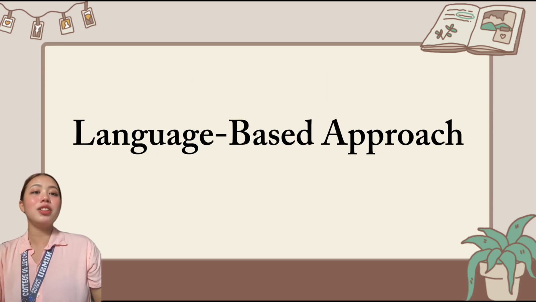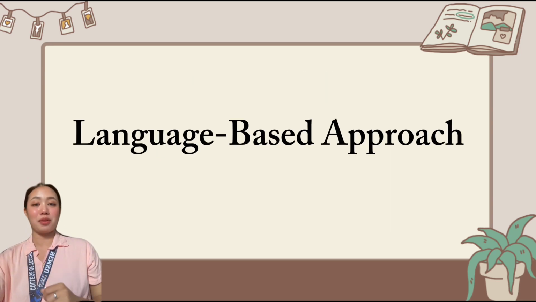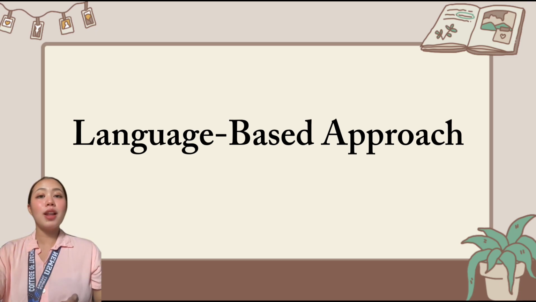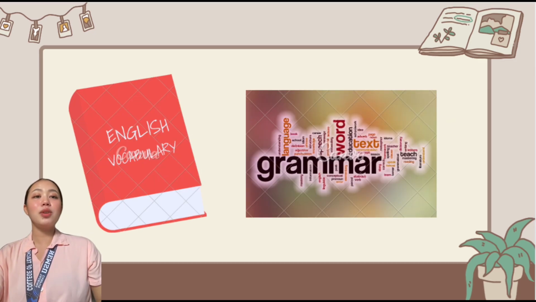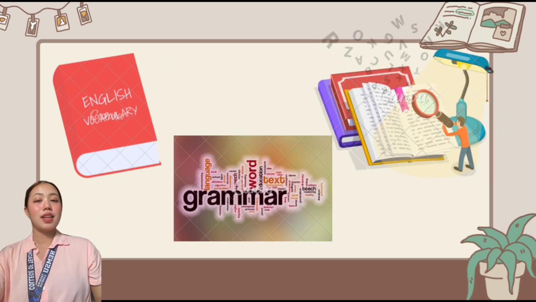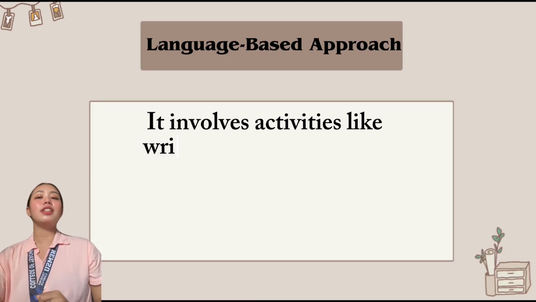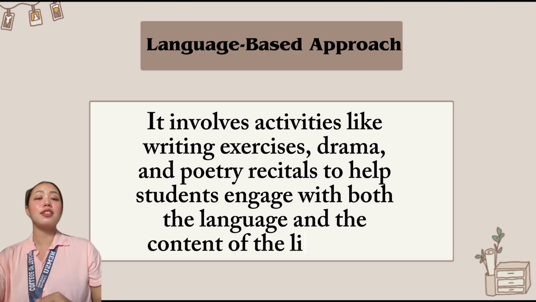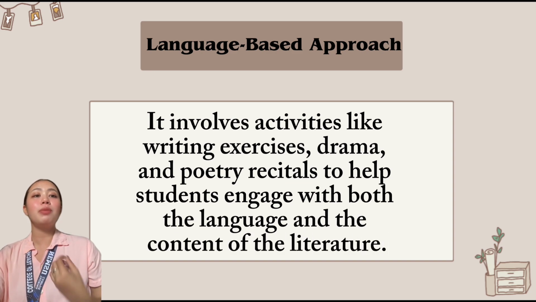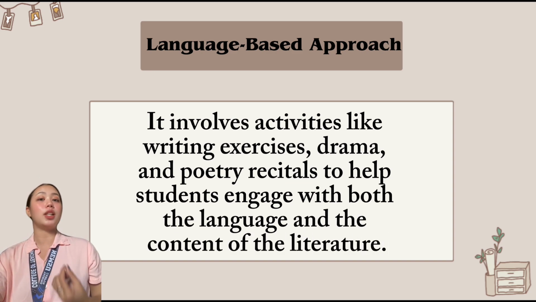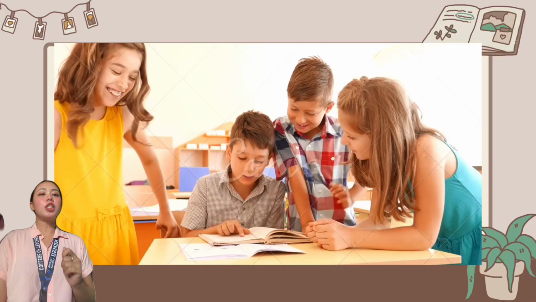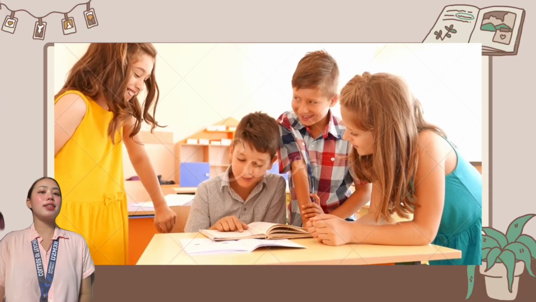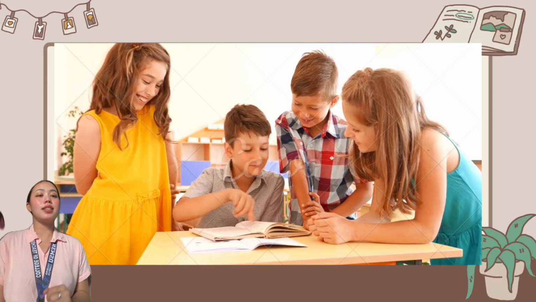This approach integrates language learning with literature, focusing on vocabulary, grammar, and language use within the text. It involves activities like exercises, dramas, and poetry recitals to help students engage with both the language and the content of the literature. The language-based approach also extends the students' reading and writing skills.